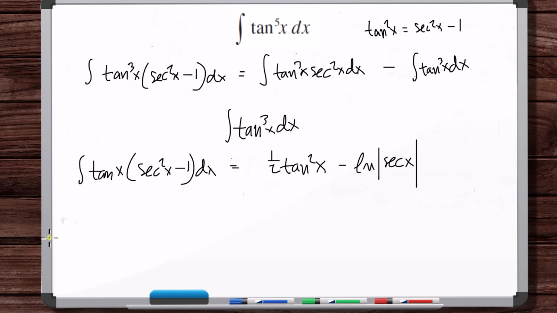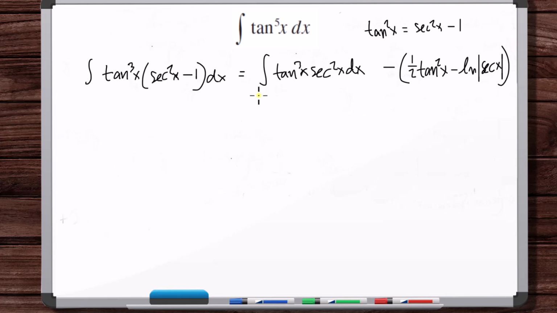Okay, so that is tangent cubed of x. So minus 1/2 tangent squared of x minus the natural log of the absolute value of secant x.